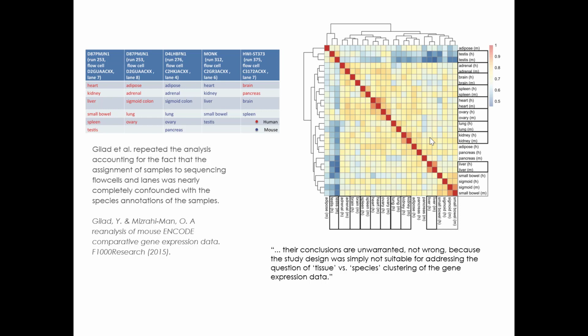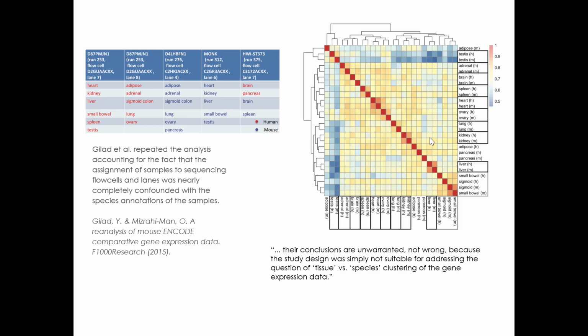And these other authors stated that the conclusions are unwarranted, not wrong, because the study design was simply not suitable to addressing the question of tissue versus species clustering of the gene expression data.